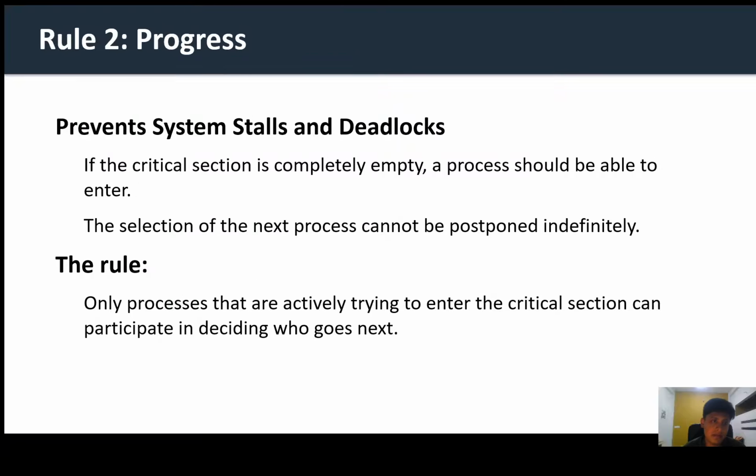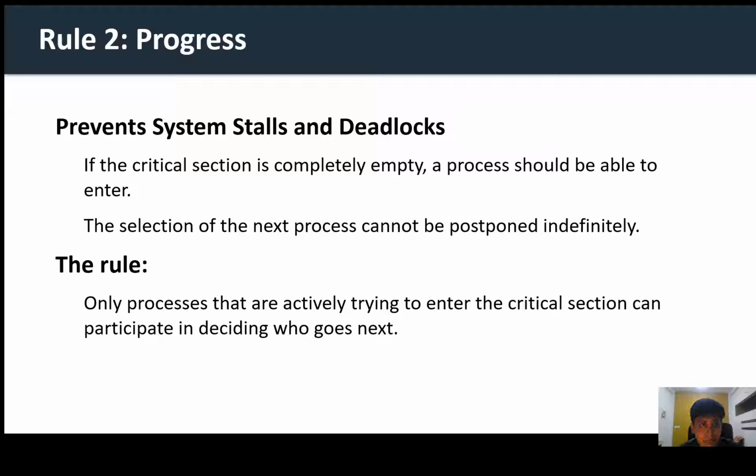Now we have progress, to prevent system stalls and deadlock. If critical section is completely empty, a process should be able to enter. A selection of the next process cannot be postponed. Let's say we have process A and process B. Those processes get executed, and critical section is empty.